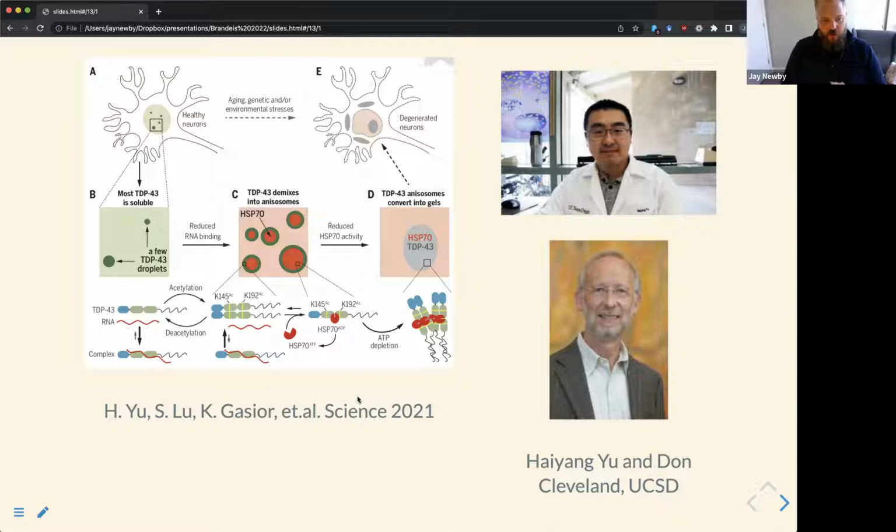So we noticed that we could get these annular shells. That's why they contacted us, because they said we have this experiment of TDP43, this protein involved in neurodegenerative diseases, and we're wondering if you can explain our experiments, explain these annular shells.